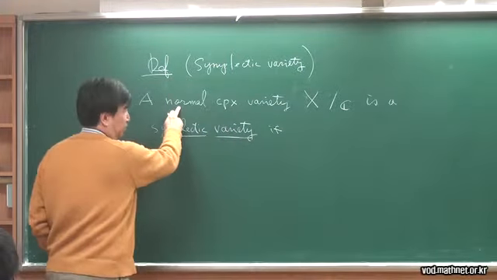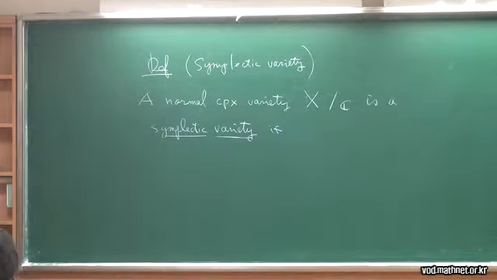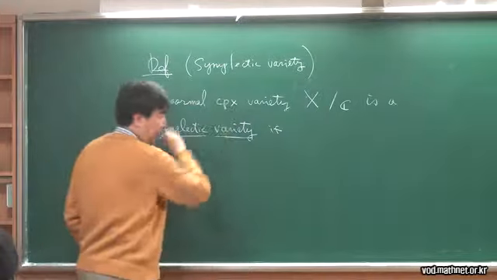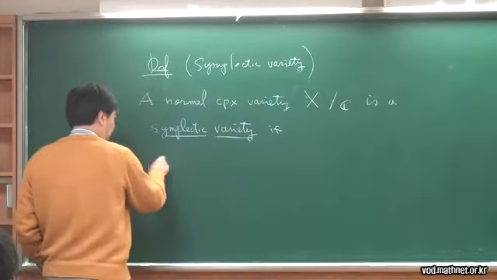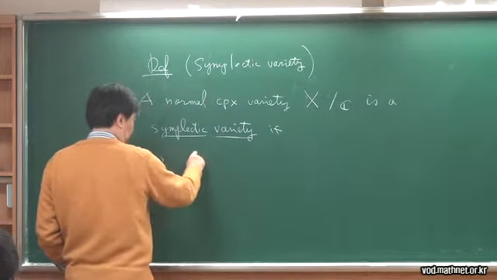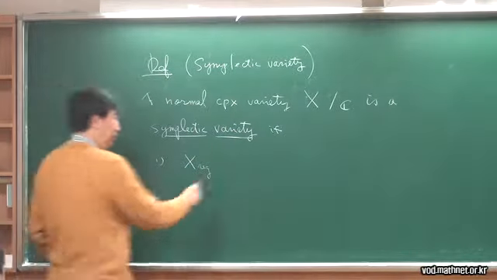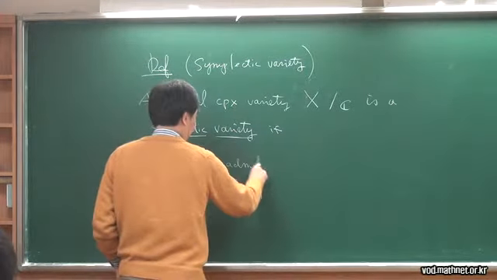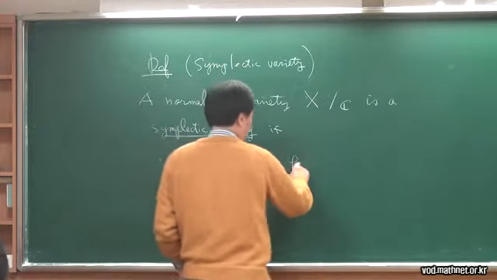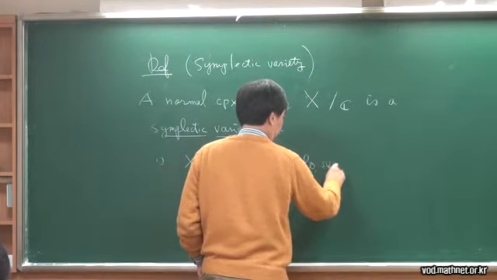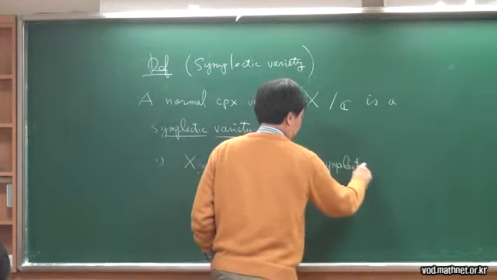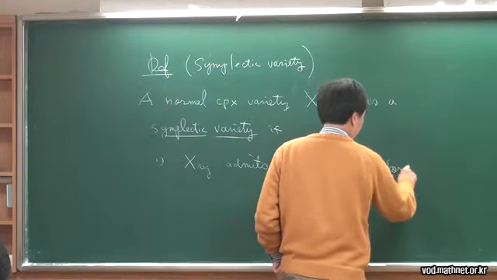X is a normal complex variety, so X has singularities. First of all, the regular part, X_reg, the smooth part of X, admits some holomorphic symplectic two-form, say omega.